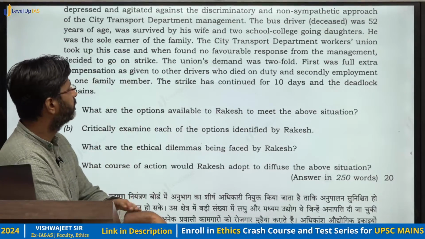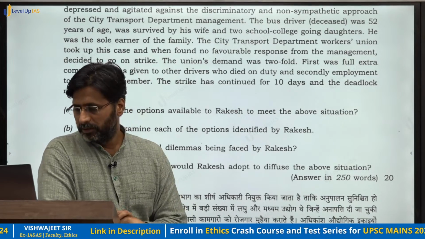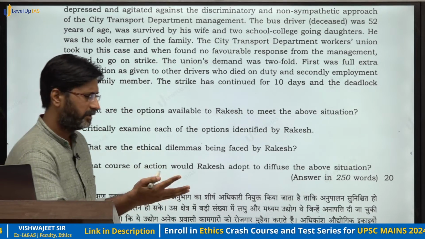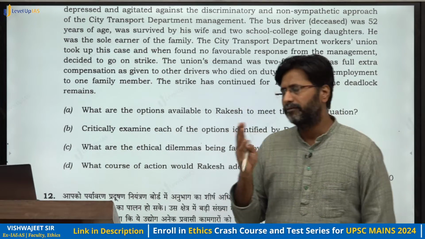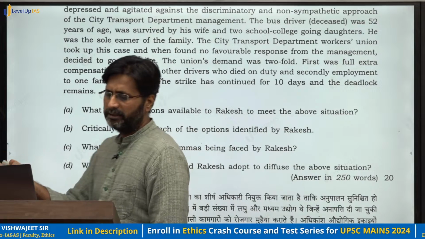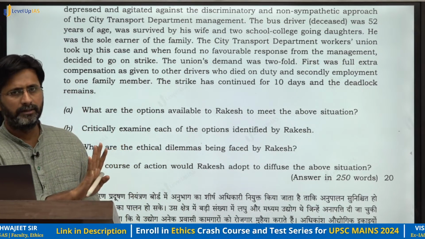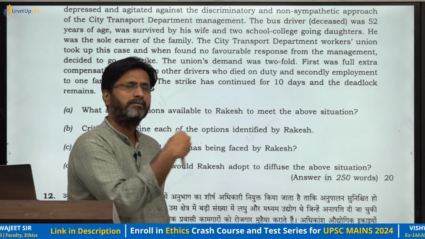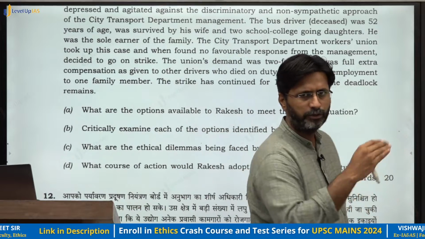So, what are the options available to Rakesh to meet the above situation? Basically, first and foremost, whether to agree to provide the things that the union is asking or do not provide, or third thing is have a balance between, okay, at least provide money if not job.